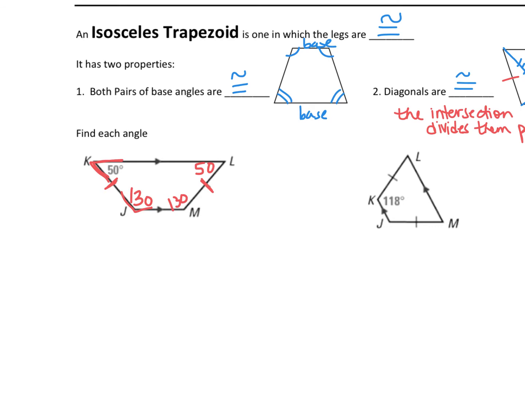So here's my pair of bases, and this angle right here is 118 as well, because the base angles are congruent. Then I do 180 minus 118 to get 62, which means the other base angles are 62, because these two angles are supplementary.